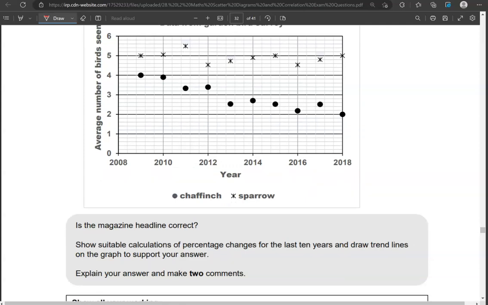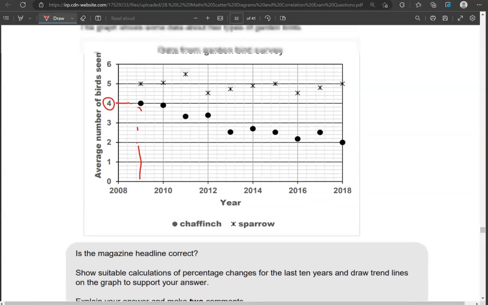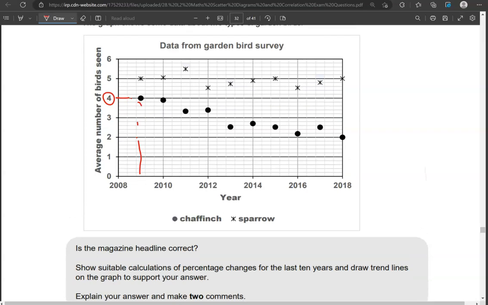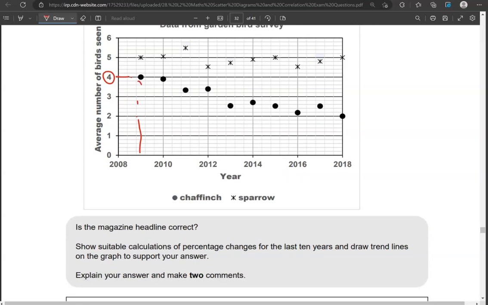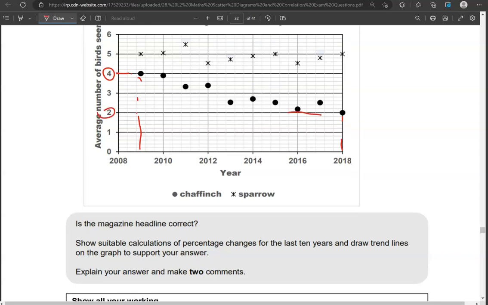So starting with the percentage changes, we've got two birds, chaffinch and sparrow. So starting with chaffinch, in 2009 there were 4 of them. So now in 2018 there are 2 of them.